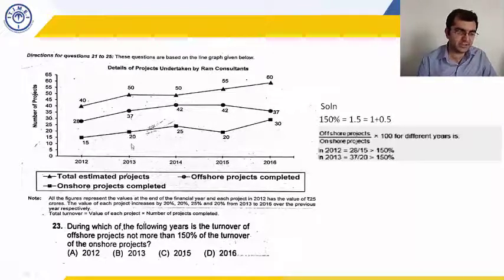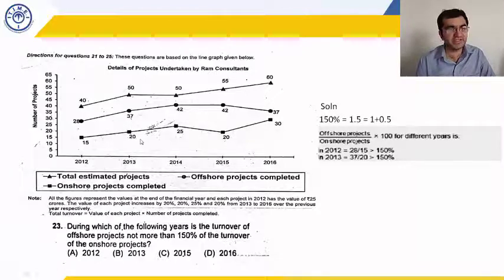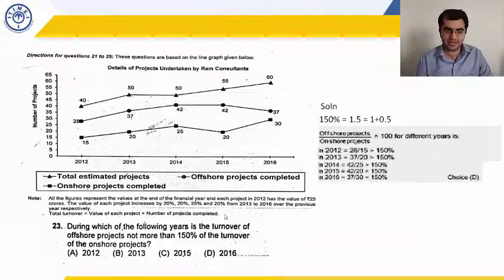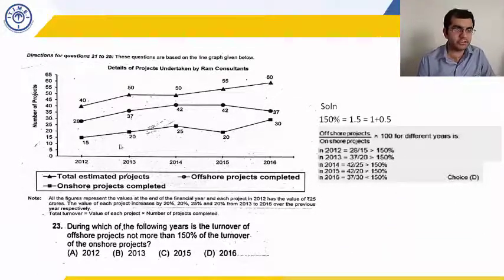So let's go for 2013. 20 into 1.5 becomes 30. Again, 37 is more than 30. So this is not acceptable. Next you go for 2014. Fine, 2014 is not in the options, but let's do it. 25 into 1.5 is 37.5. 42 is more than 37.5, but we are looking for not more than.